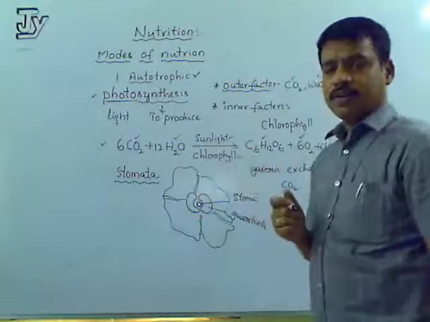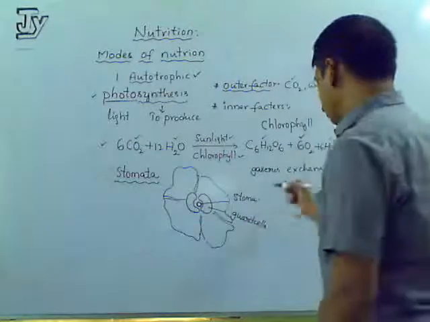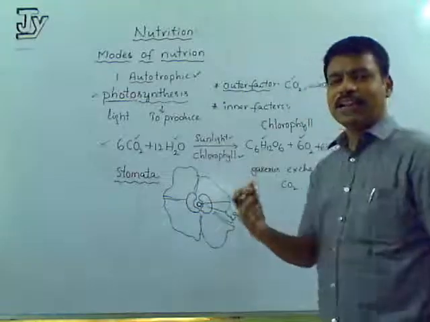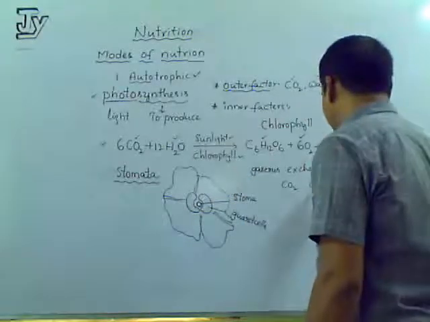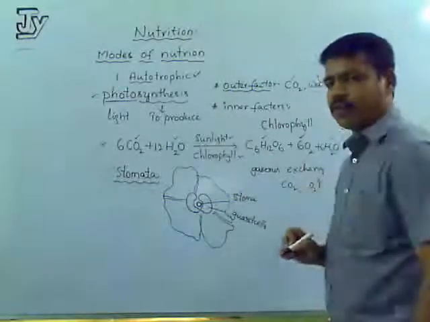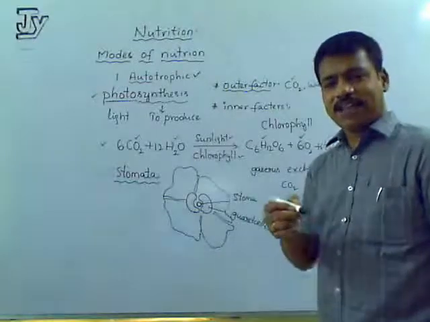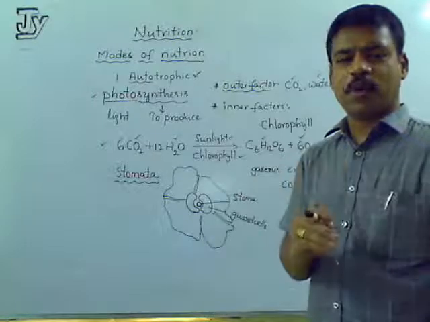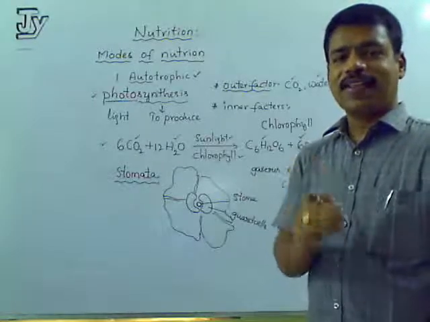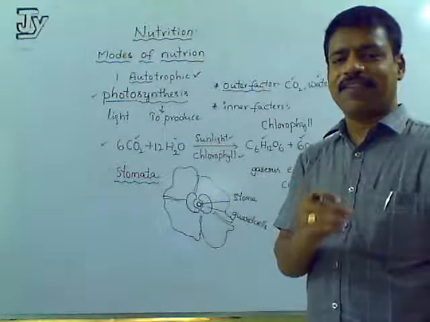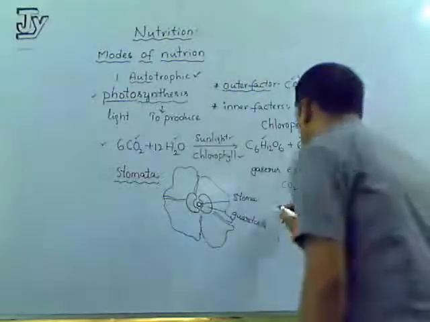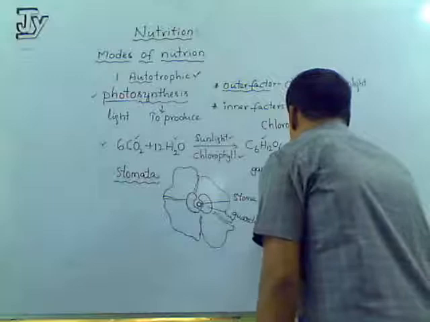Stomata also release oxygen into the outer environment, so both carbon dioxide and oxygen are exchanged through stomata. Gaseous exchange takes place in plants through stomata, which are also called the nose of a plant.